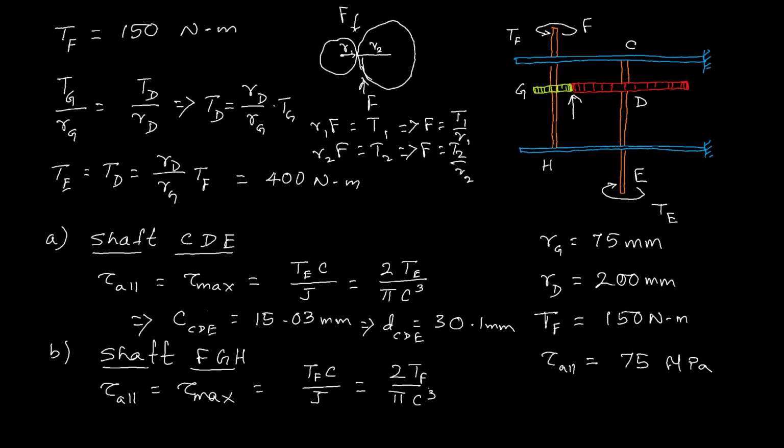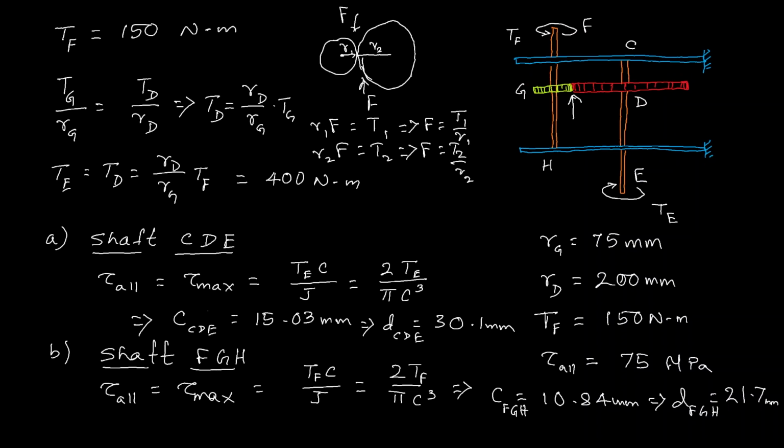So C of FGH comes out to be 10.84 mm, which implies the diameter of the FGH shaft will be 21.7 mm. This is how you calculate the maximum shaft diameter required from the strength perspective.